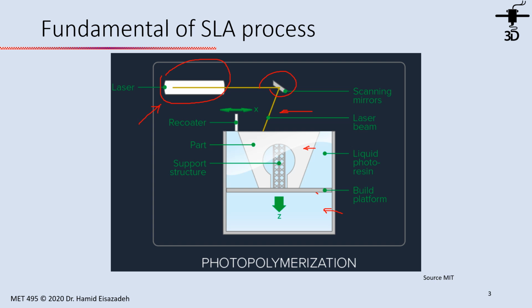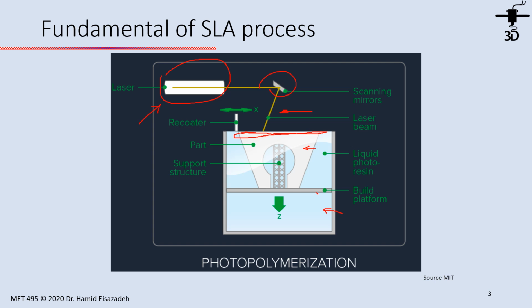The laser beam is going to scan on the surface of the liquid. Okay, so the laser will hit this area. This is the surface of the liquid, and the liquid is photoresin.